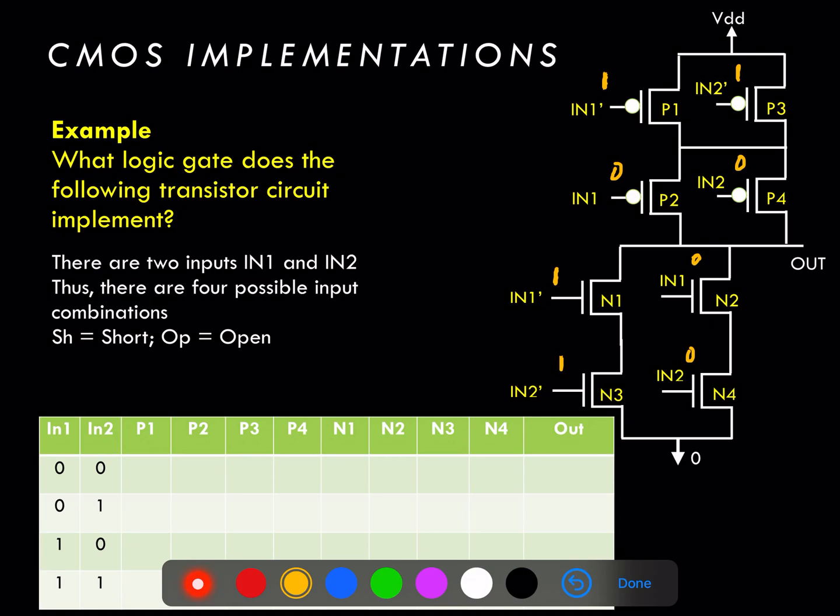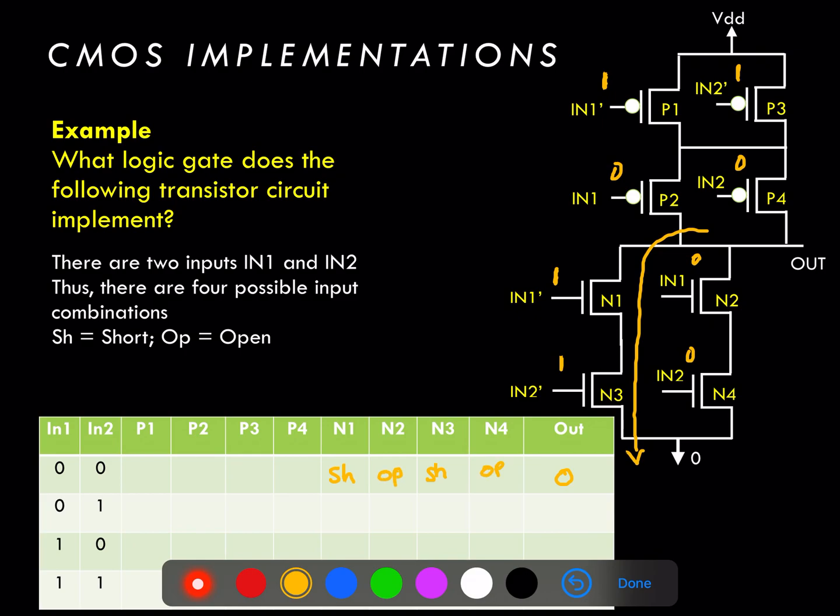And when we look at this, we find that we have a direct path from the output to ground, so the output goes to a 0. And that is because the transistors N1 and N3 are both acting as short circuits, while the transistors N2 and N4 are acting as opens.